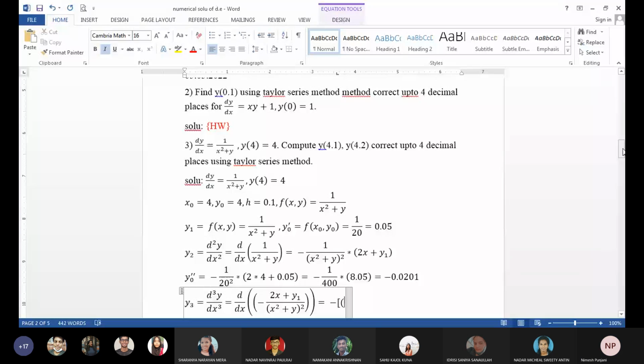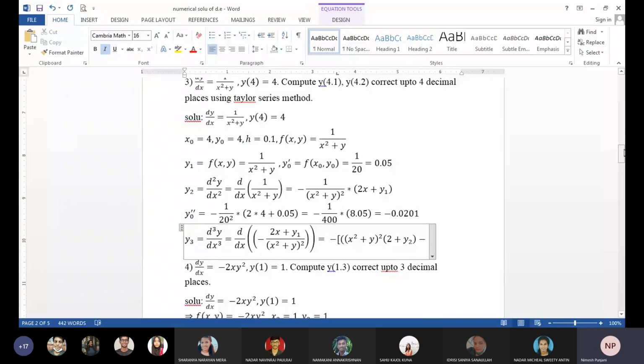So v क्या है? x square plus y the whole square into derivative of u. So 2 plus y2. Right, x का derivative is 1 and y1 का derivative is y2, minus u into derivative of v.